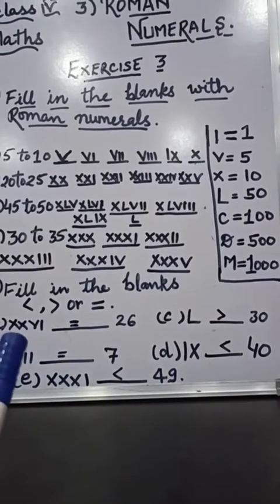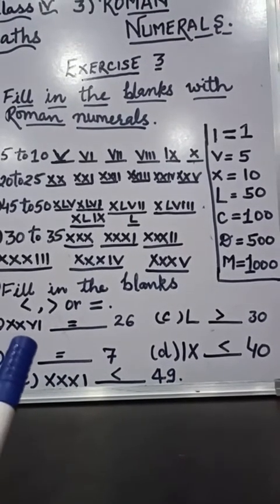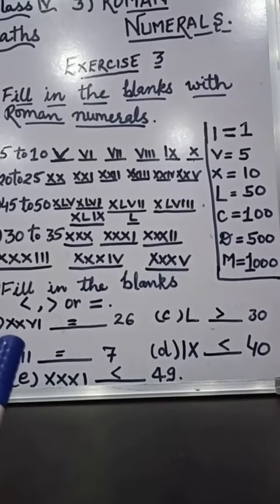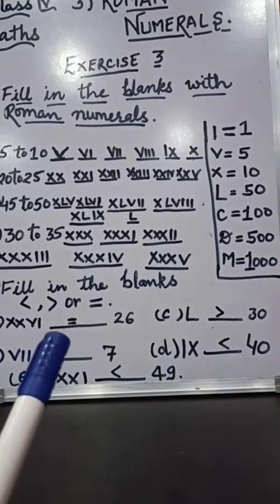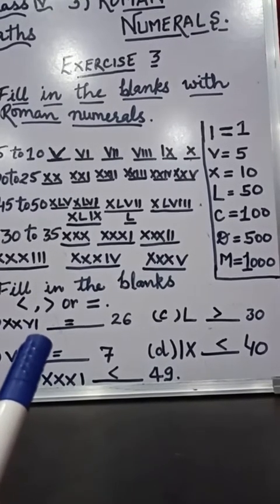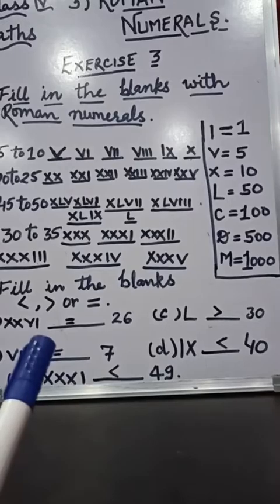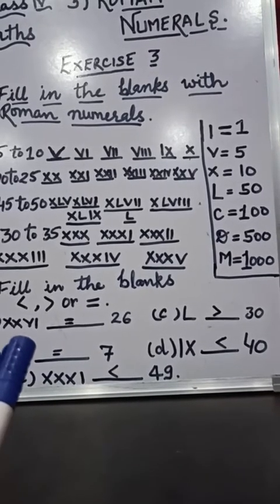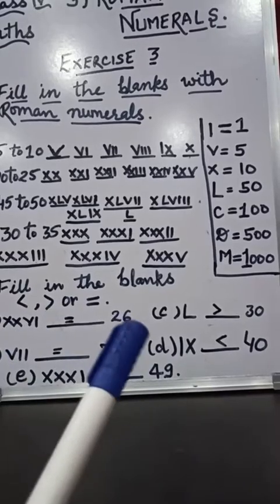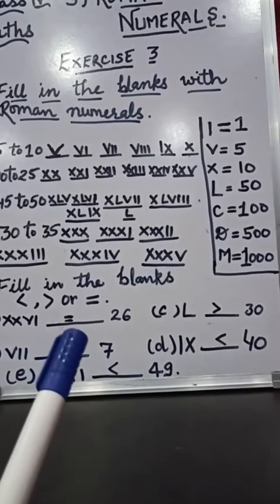Getting my point? So let's see. This is XX, that is 20, and now VI means 5 plus I means 6. So this is 26 and here also this is 26. It means both are equal. So we will put equal sign.